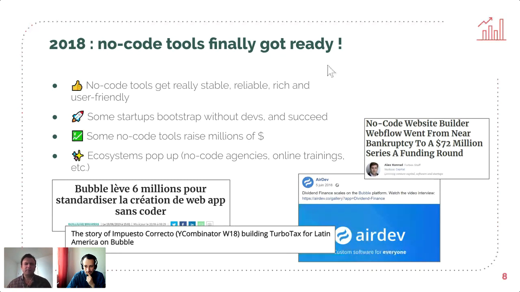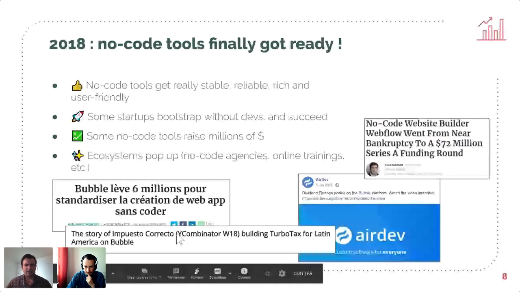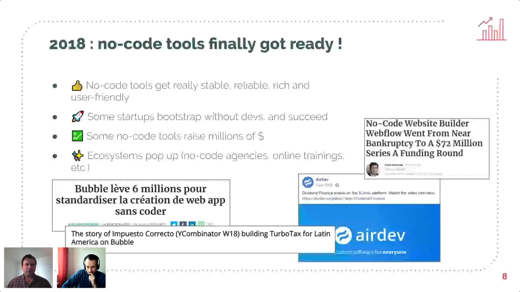Two, some startups bootstrapped without developers and succeeded. We will give some examples, but here we see Impuesto Correcto on the lowest side of the slide. That was at Y Combinator, a very famous accelerator, but there are many others. Third, some no-code tools raised millions of dollars, as you can see here with Bubble or Webflow.